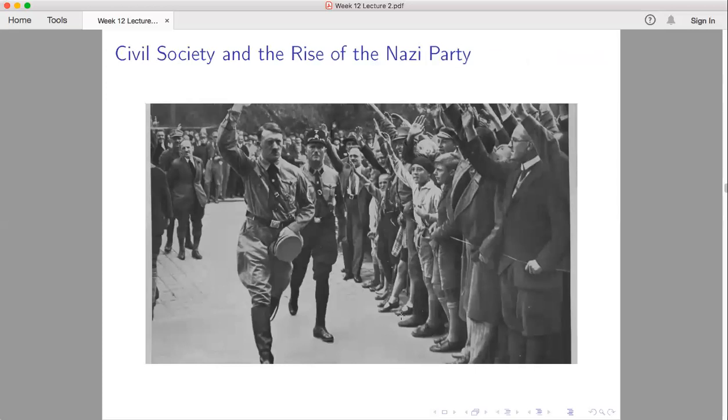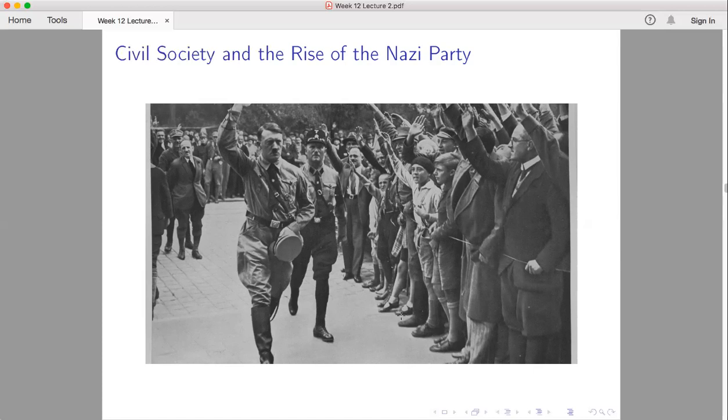And in fact, the rise of civil society has, in scholarship at least, been closely tied to the rise of the Nazi Party in Germany. So, around the early 1920s, when Weimar Germany is just beginning, the Nazi Party is a blip on the radar. They don't have much power in Germany. In the 1928 elections that I showed you, they got about 2% of the vote. So they're a very small, very insignificant part of German political life.